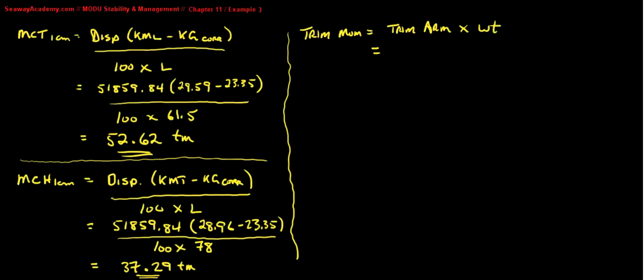And since the LCB is 0, the trimming arm is equal to the LCG from the table. So your trimming arm is 23.794 meters, that's forward, times the weight, 363.84 tons. So you have a trimming moment of 8,657.21 ton meters.